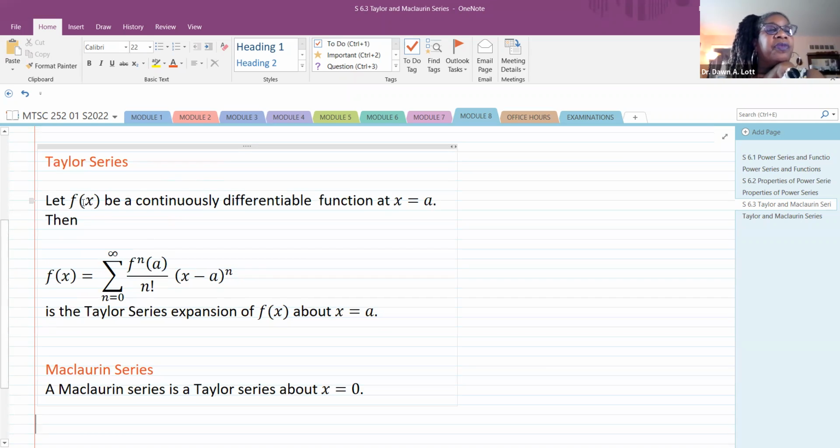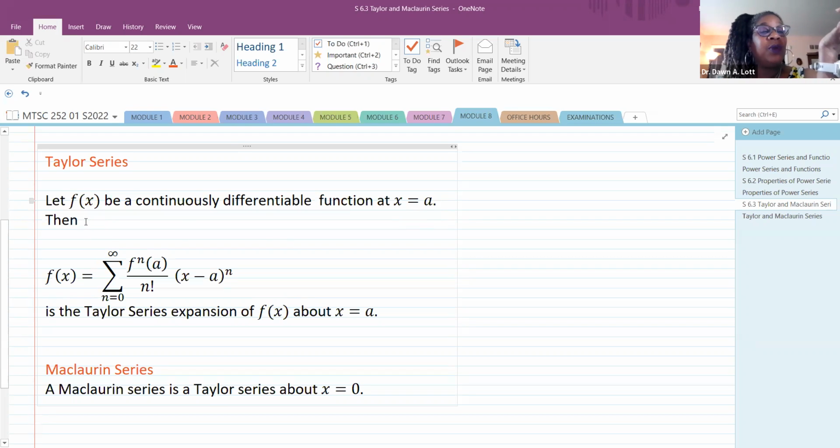We want to start with the function f of x, and it is continuously differentiable at a point x equals a. A could be anything. A could be pi, a could be 1, a could be 1.7. Normally you don't pick anything like that.